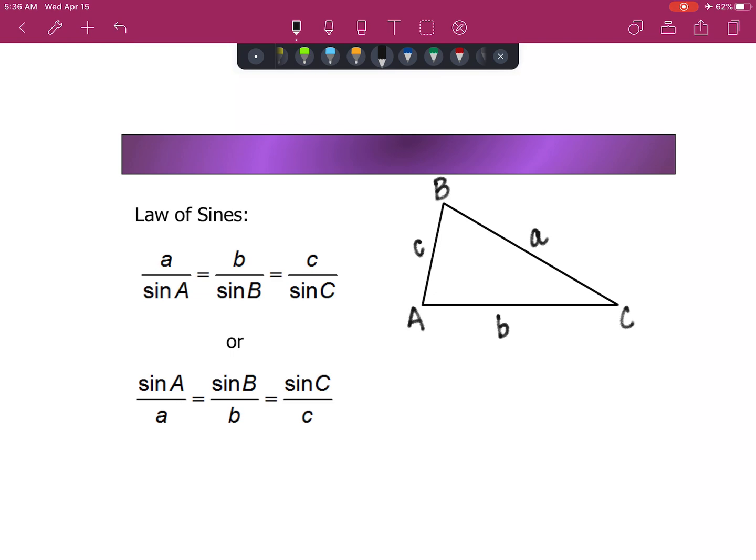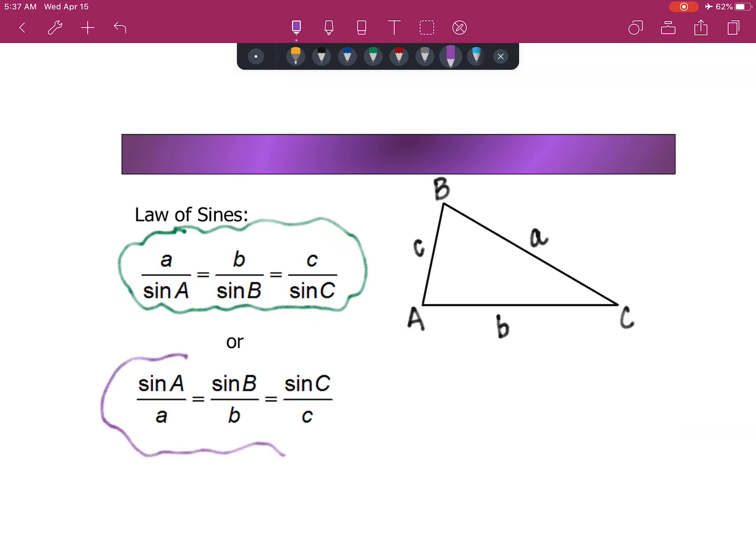So when we're using law of sines, that idea is extremely important in checking to make sure our answer makes sense. But the law of sines simply says side length A over the sine of angle A is equal to side length B over the sine of angle B, which is equal to side length C over the sine of angle C. And as true in any proportion, you can flip your fractions.